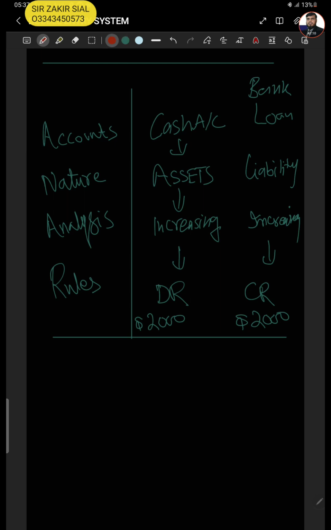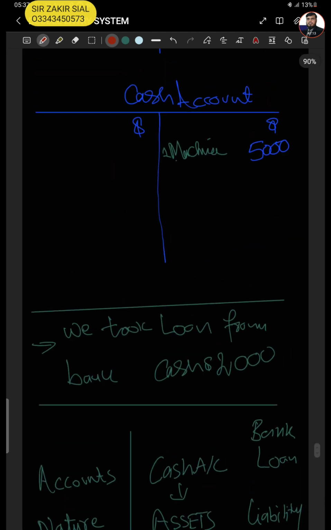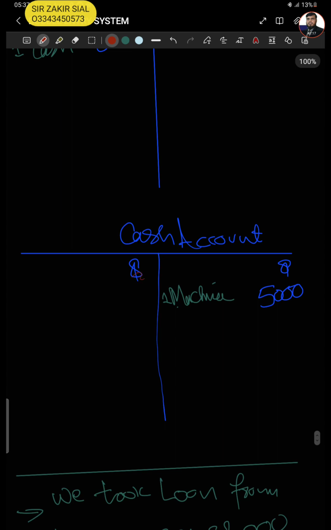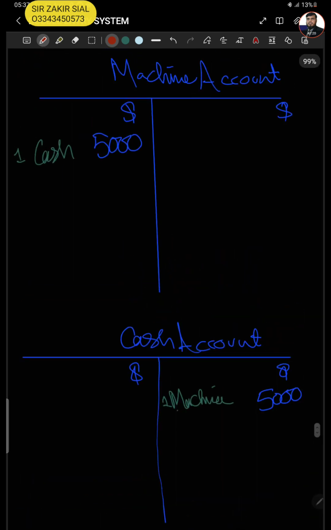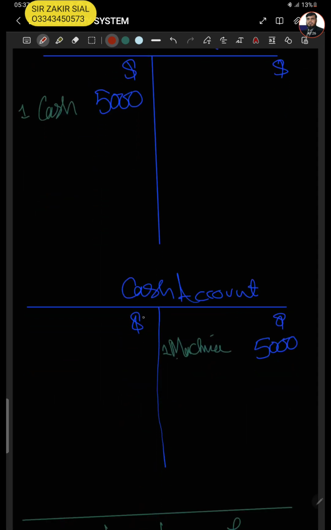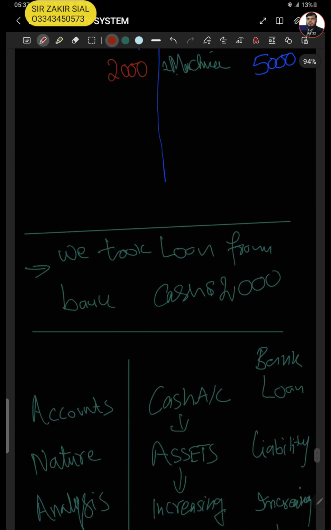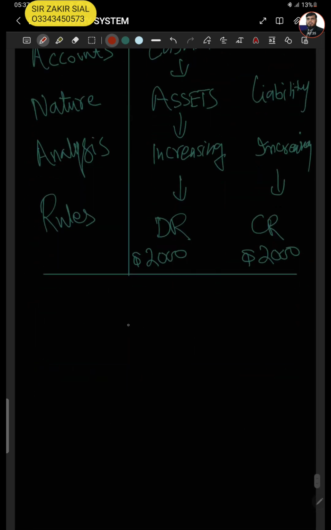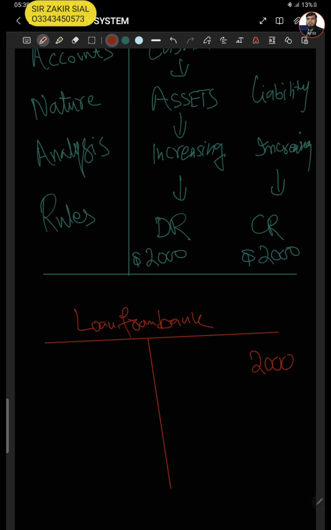As you know, we already have the cash account, so we can write 2000 in the cash account on the debit side, and another account we need to prepare is loan from bank, and here liability is increasing, so we will write on the credit side.